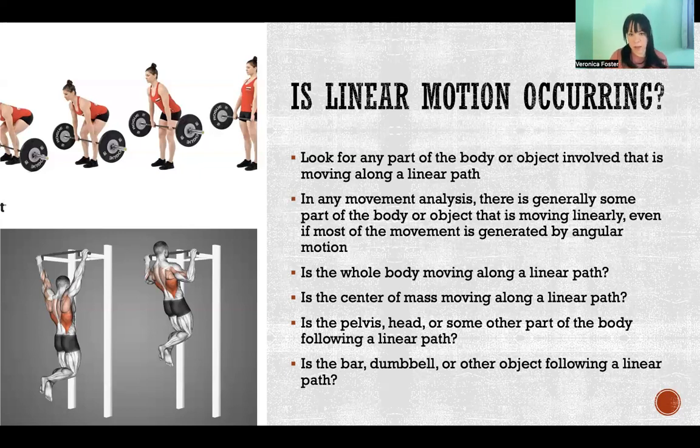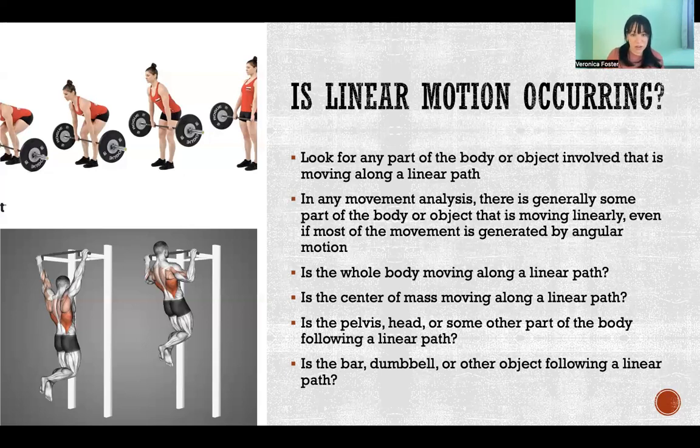So if you're trying to find the linear components of your analysis, just try to keep an open mind, watch the movement, and look for whatever is moving in a linear path. Is the whole body moving in a linear path, like running? Is just the center of mass moving along a linear path? Maybe someone's doing a squat and the center of mass is moving up and down, or the pelvis could be moving up and down.